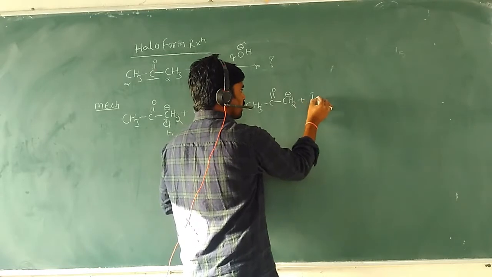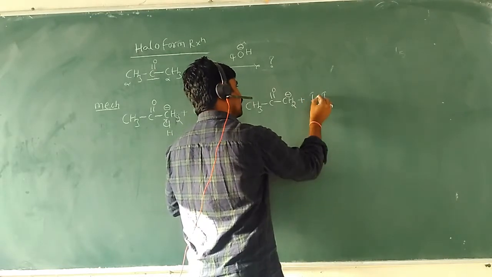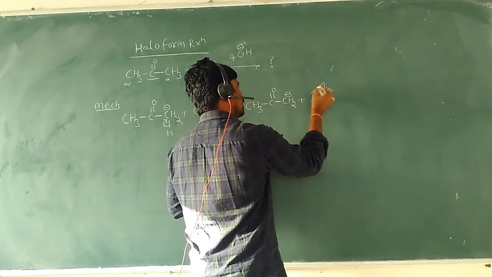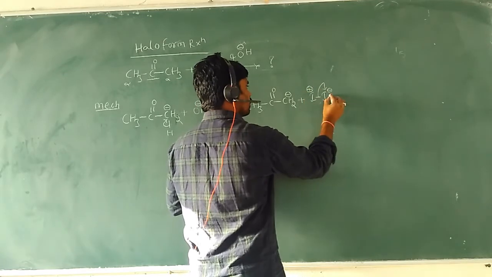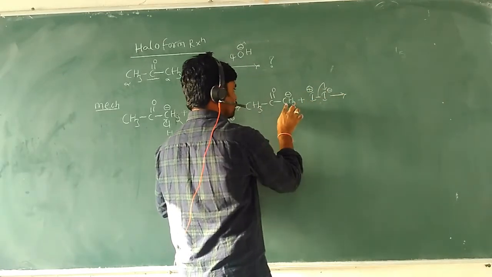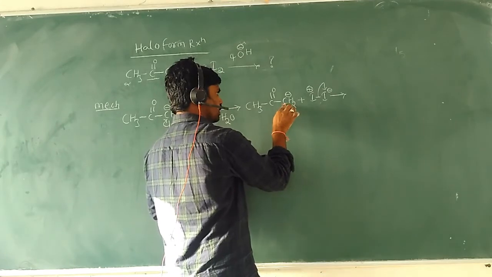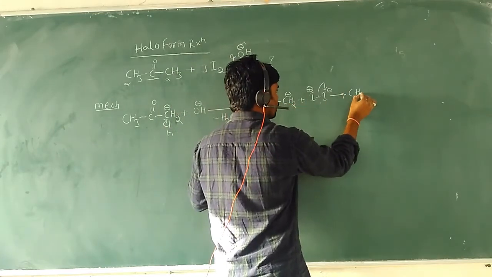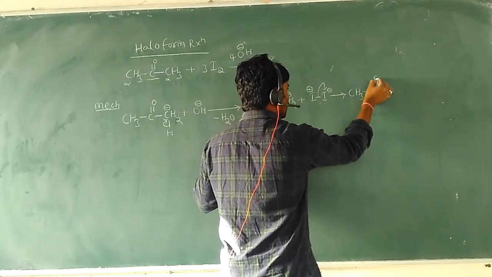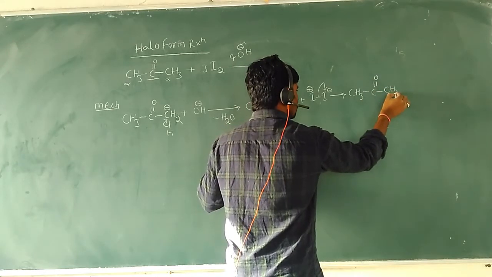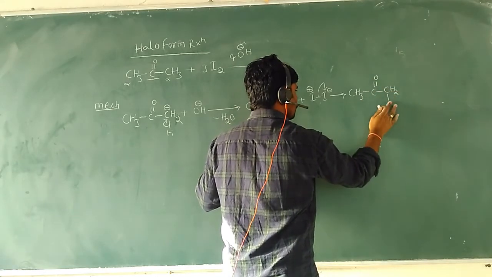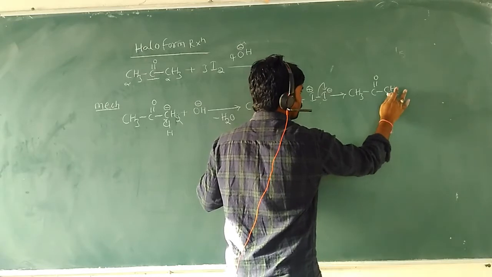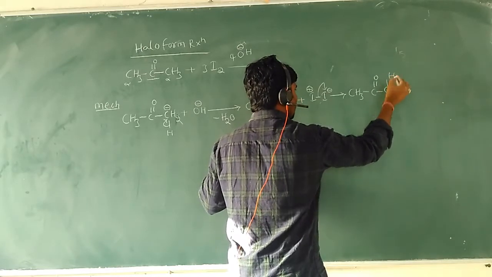After that, it is treated with the iodine. Iodine gets the negative charge here, this one positive. So finally, the positive iodine comes to the negative of this carbon: CH3, C double bond O, CH2, I. Of this one hydrogen, I write separately again.